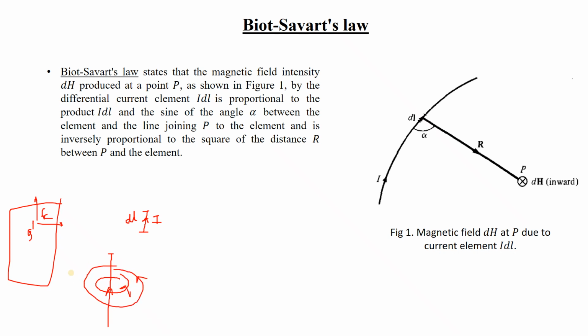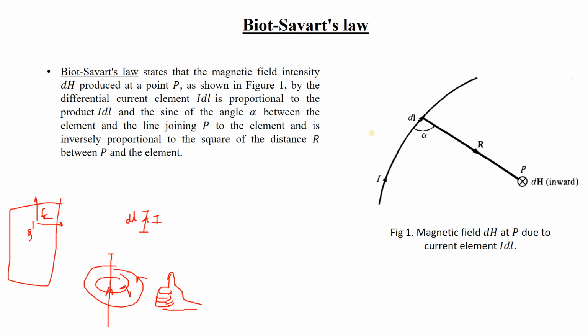If you point your thumb in the direction of the current, the direction in which your fingers curl is the direction in which the field is rotating.